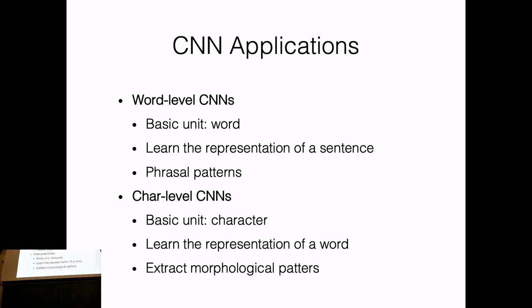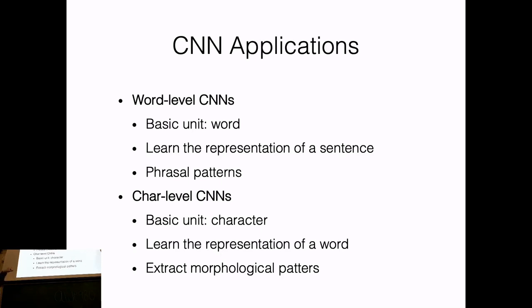The word level CNN means the basic unit will be processed at the word level. For example, we could use the convolutional network to learn the representation of a sentence or a sequence of words. So the functionality of CNN here is to capture phrasal level patterns. That's what the word level CNN does.